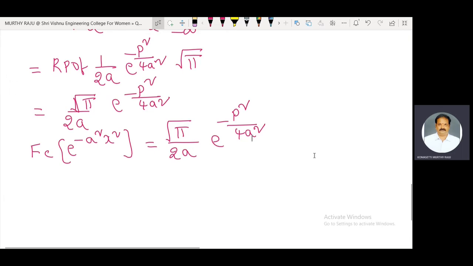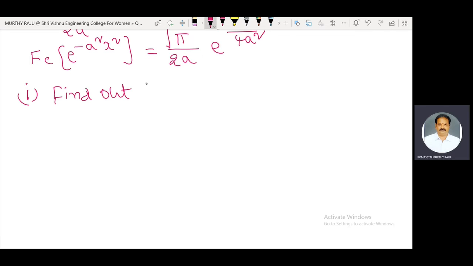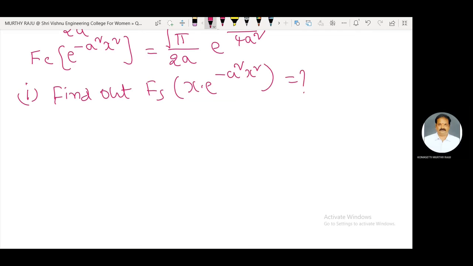In the problem statement, first one, by using this answer, find out Fourier sine transform of x into e power minus a square x square.